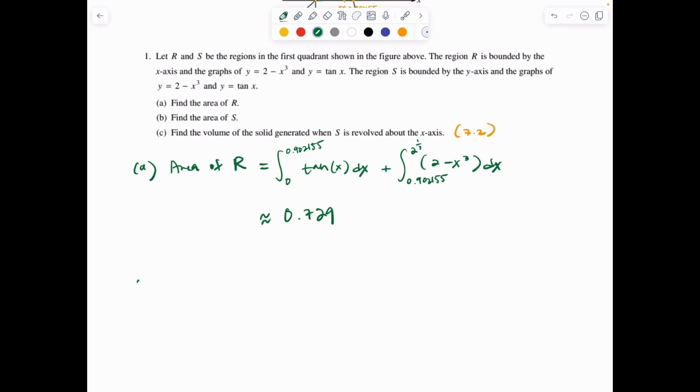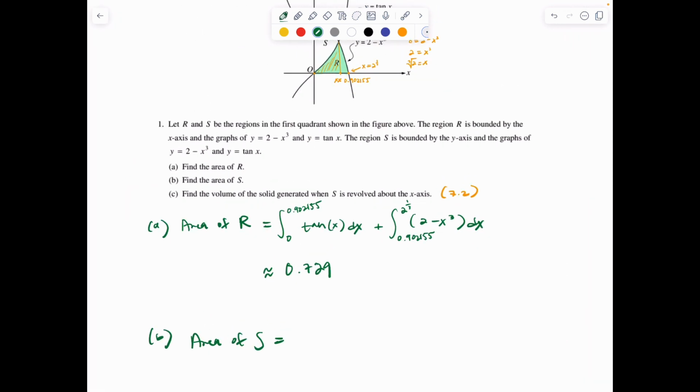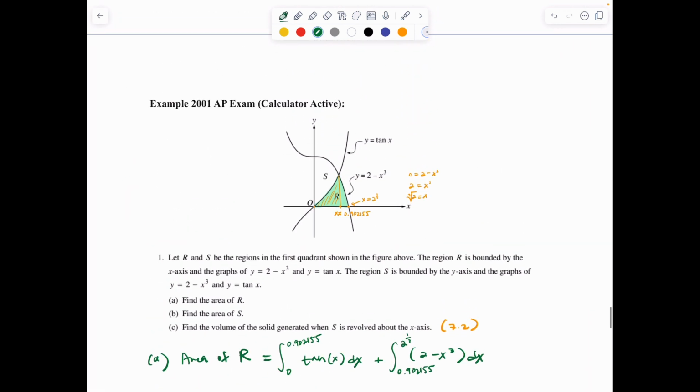Okay, and part B is asking for the area of S. So for the area of S, we needed that point of intersection for tangent and 2 minus x cubed.